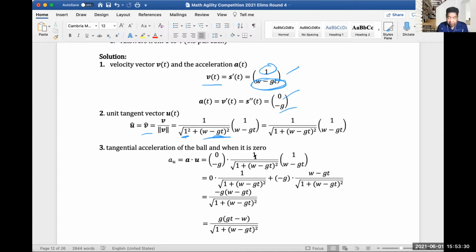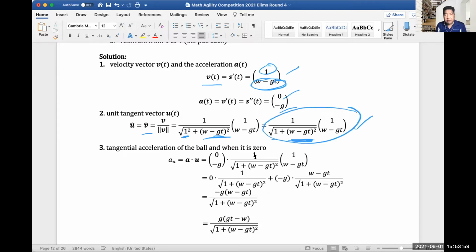Times the actual v, which is the matrix 1 over w minus gt. Simplifying, we have 1 squared is 1, and I did not expand on this, but you can also expand it. But you would already get 0.5 points if you have shown this answer.